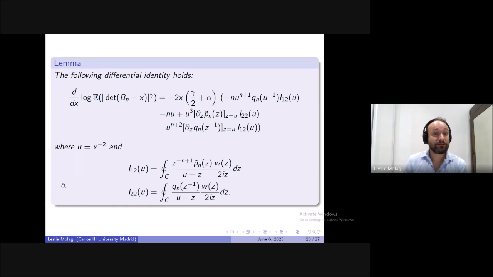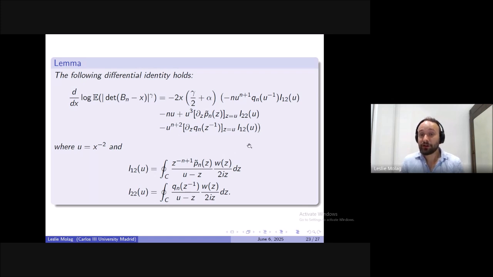So we showed that a certain differential identity holds. So if we look at the log of the moment of the characteristic polynomial, and we differentiate with respect to x, the location of the point insertion, then it turns out that we have a formula like this.